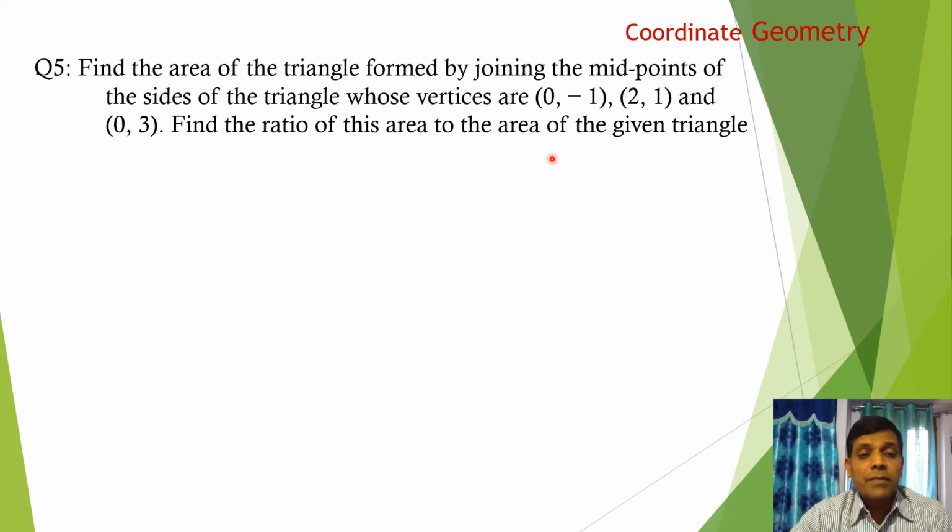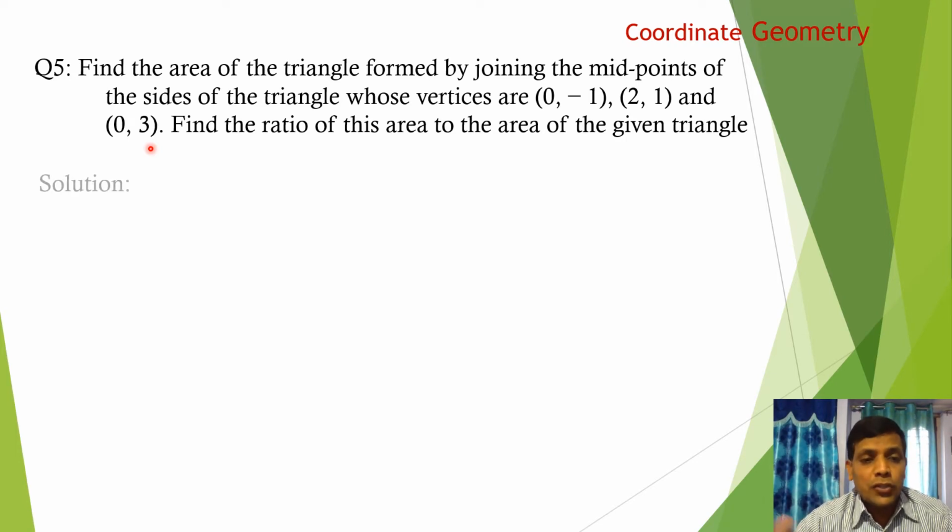So what are the given vertices? (0, -1), (2, 1) and (0, 3). These three are the vertices of the given triangle.